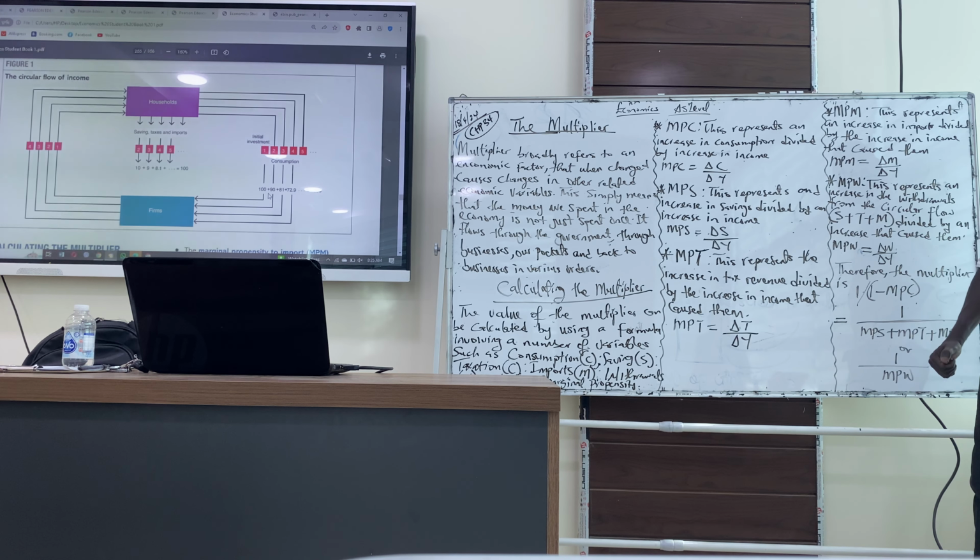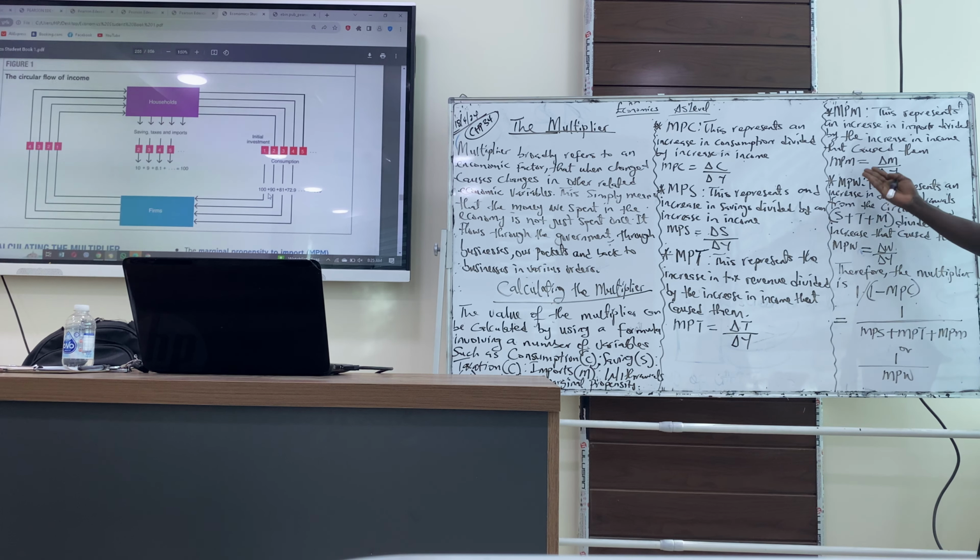Is it clear? Yes. The next one is marginal propensity to withdraw. What does withdrawal mean? Withdrawal means these three things out of the circular flow. This is taken out of the circular flow of income because it's not part of what we have anymore. It's out of our economy. Savings: when you save money, you don't spend it, right? It's not going to be what you're going to spend anymore.